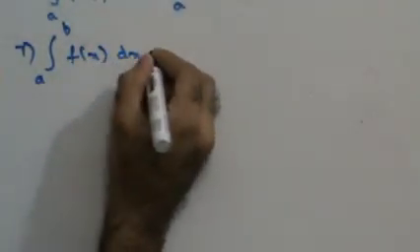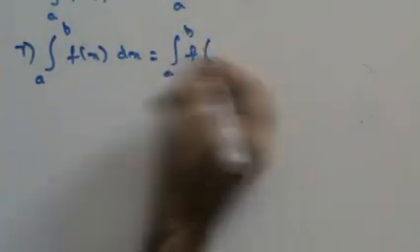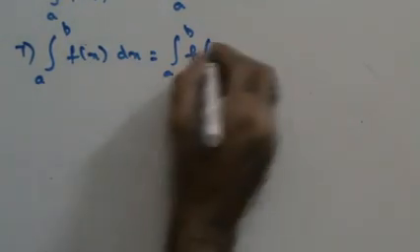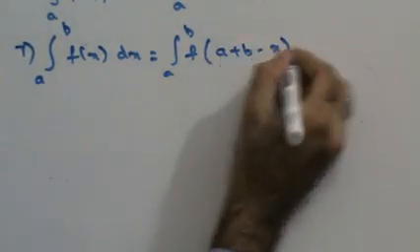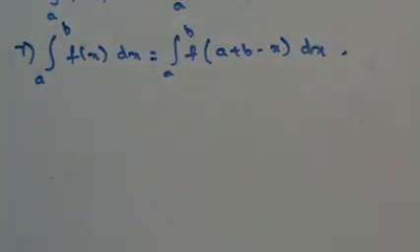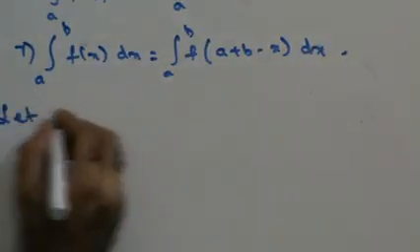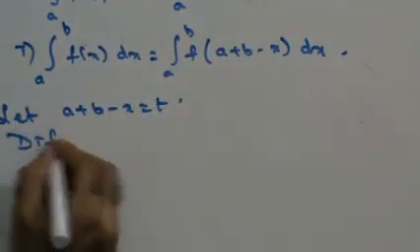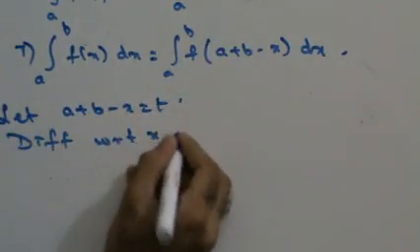Integral of a to b f of x with respect to x is integral of a to b f of a plus b minus x with respect to x, right? Let us assume that a plus b minus x is equal to t. Differentiate with respect to x.